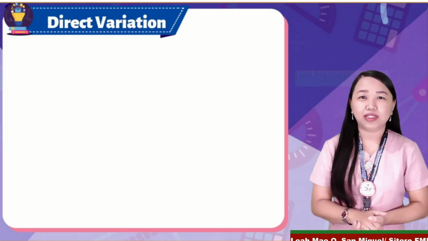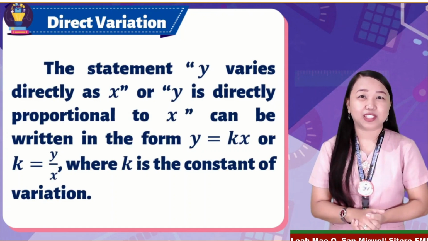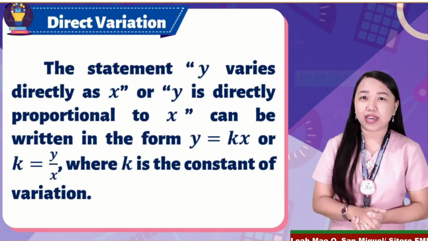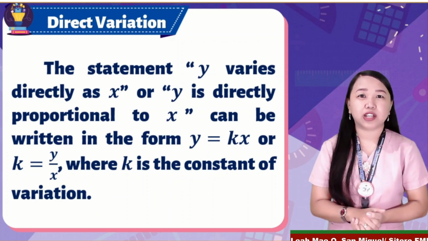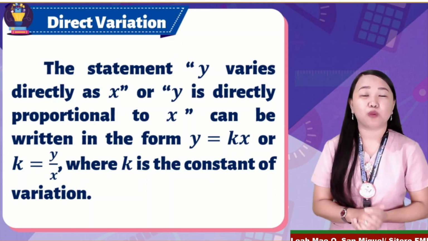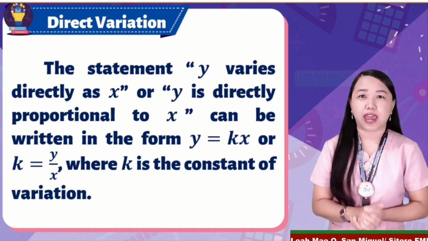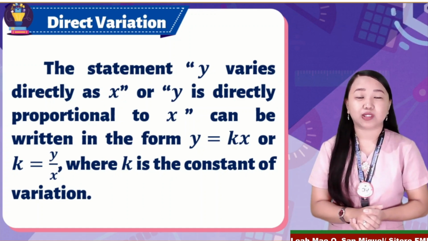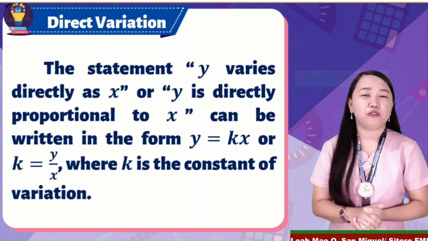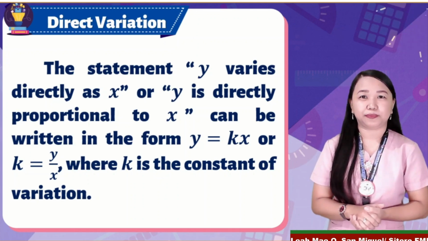Let's start with the direct variation. The statement y varies directly as x or y is directly proportional to x can be written in the form y is equal to kx or k is equal to y over x, where k is the constant of variation. The variables x and y are the two quantities.